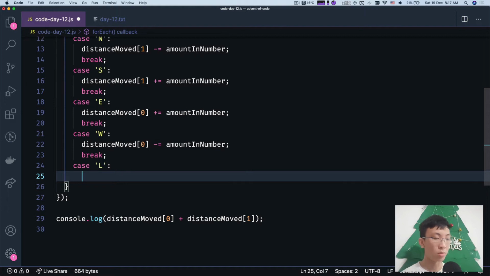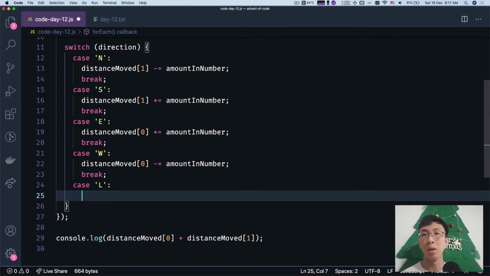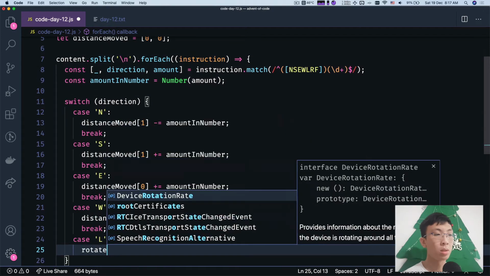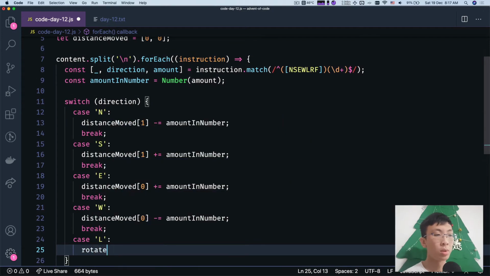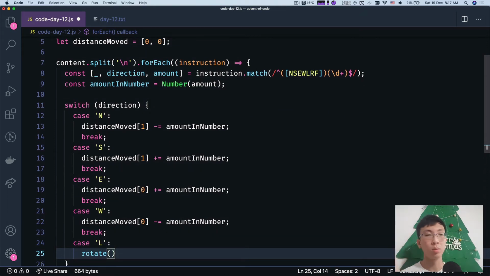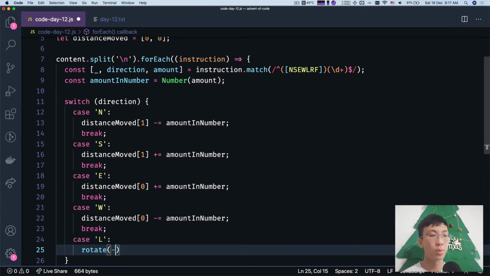Then we're actually going to rotate. So I'm going to call a function called rotate. Moving left, I would say, is like a negative turn, and rotate right is like a positive.